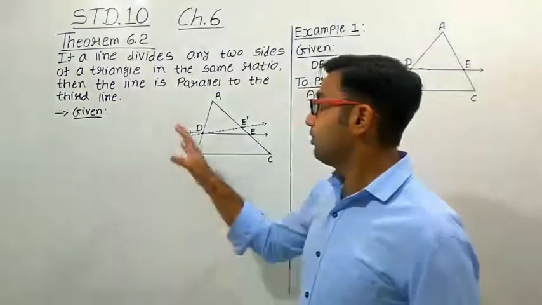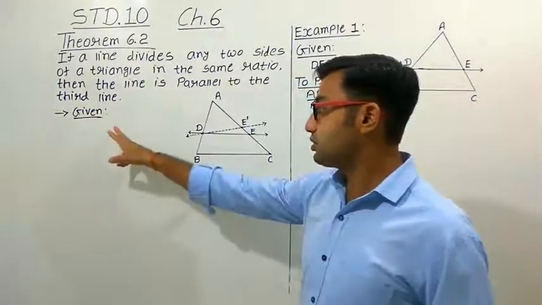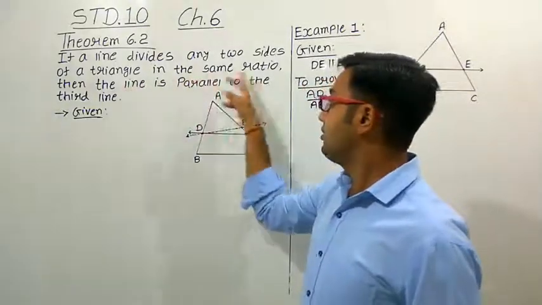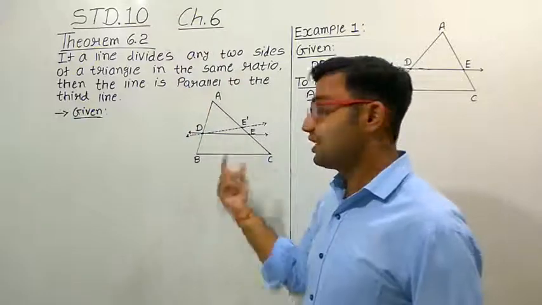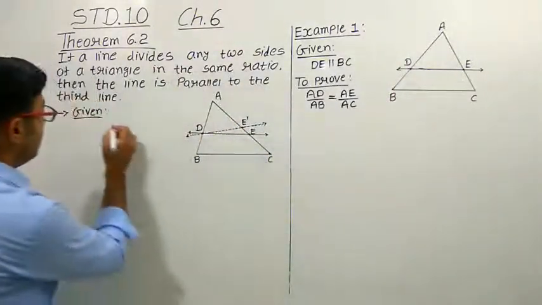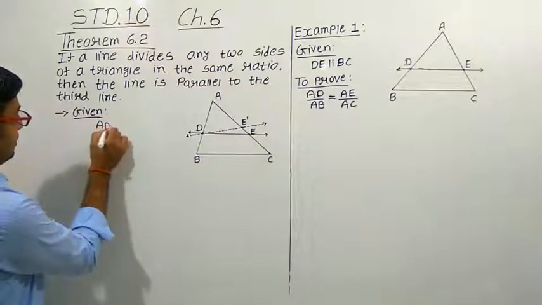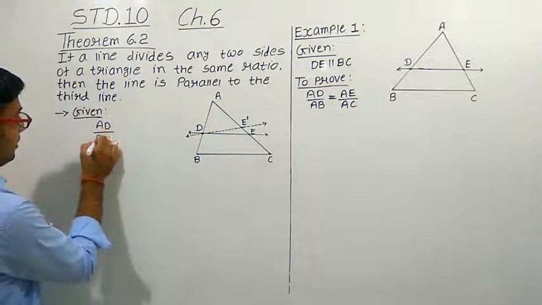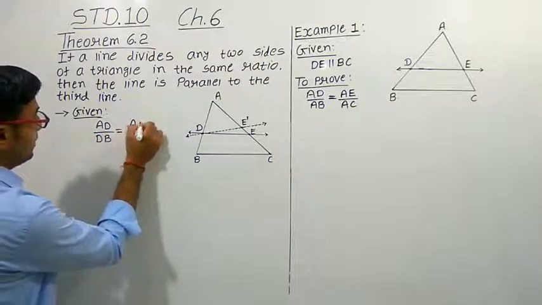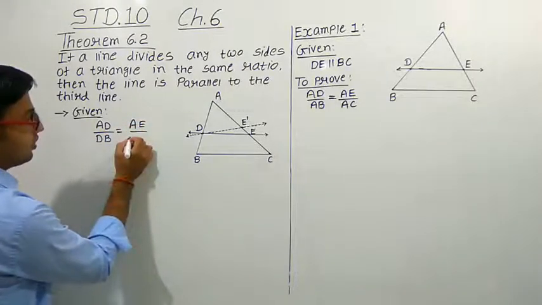Okay, so whatever we have been given, let us first write down. We are given that these two sides are divided in the same ratio. So here we can write AD upon DB is equal to AE upon EC.